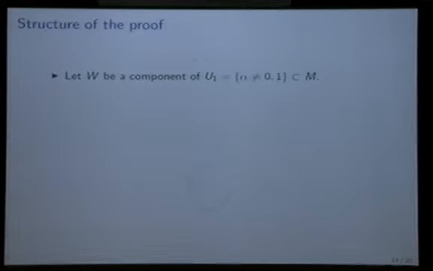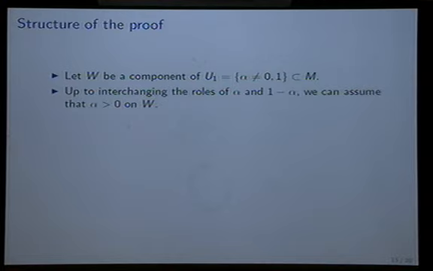And here I only give some very rough structure of the proof. The proof is still purely differential geometric, but there are some global arguments. So we consider a component of the open set U1, where the function alpha, this coefficient, is different from 0 and 1.